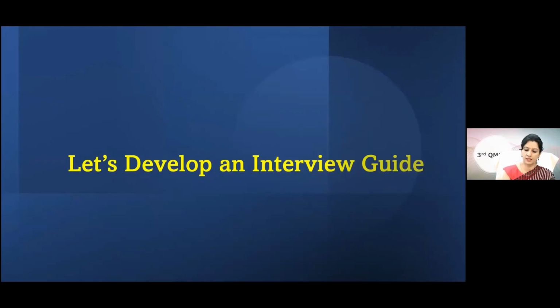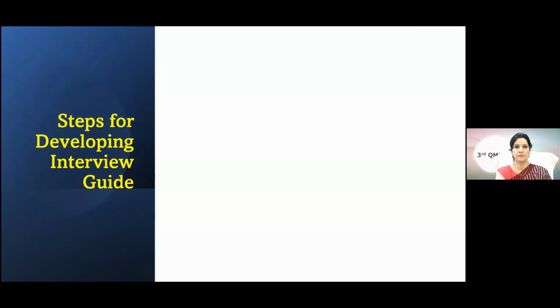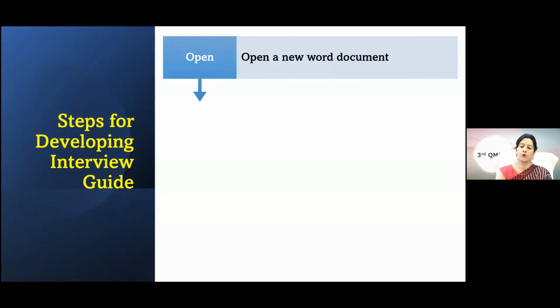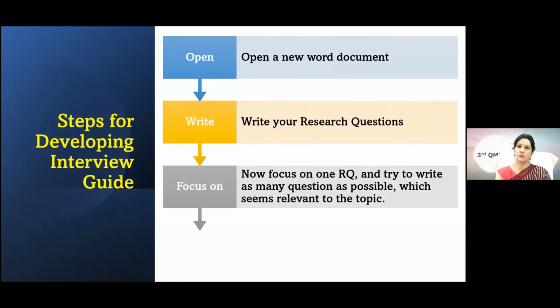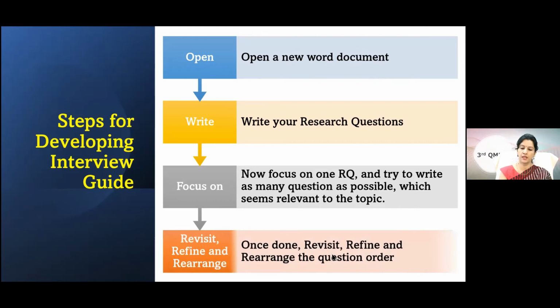We have discussed the steps of developing an interview guide. Open a new Word document and write your research question first. If you have one, two or three research questions, focus on one research question and then write as many questions as possible. Whatever comes to your mind that is relevant to that topic, try writing it.